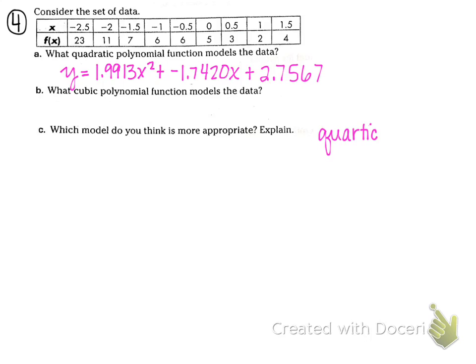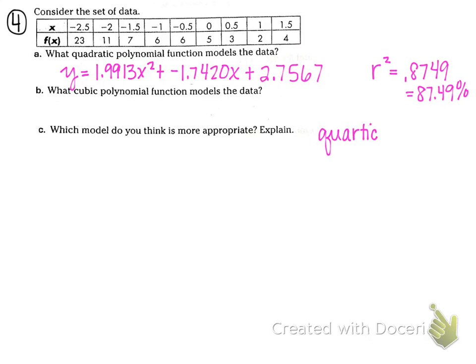Now remember yesterday how we talked about the r squared? Let's just jot down what the r squared is for this one. The r squared is 0.8749, which is 87.49% of the data explained by this model.